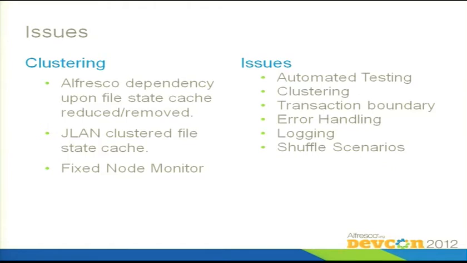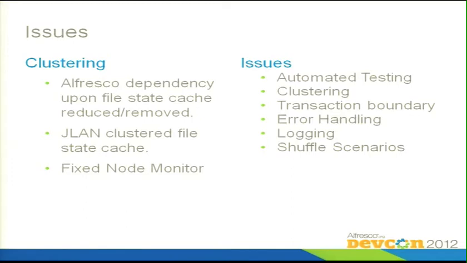As I was saying, the first piece of work for clustering was to get the file state cache clustered. The other piece of work was that there's quite a lot of information in the file state cache that shouldn't have been cached. In particular, Alfresco is a transactional environment, so it could roll back. JLAN isn't a transactional thing, so stuff could potentially be incorrect.